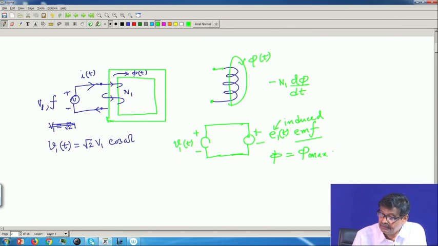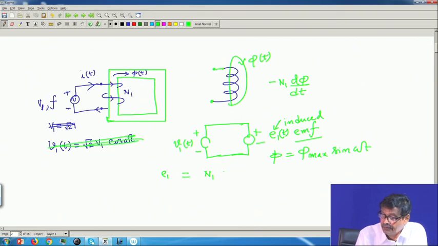Let us forget about this cos omega t. Suppose I start with phi is equal to phi max sin omega t. Why am I assuming this? Because the circuit cannot but draw sinusoidally varying current.